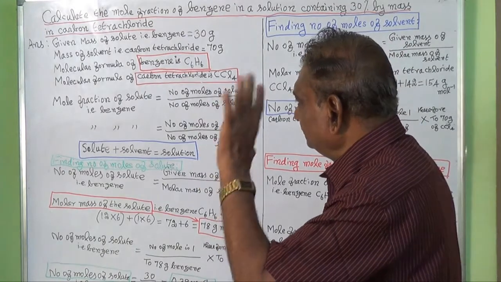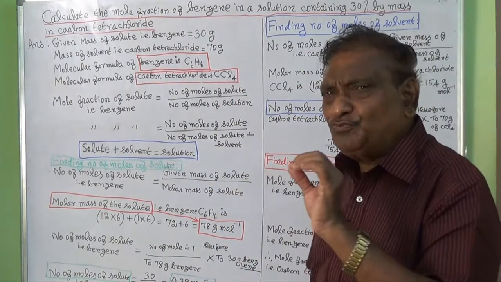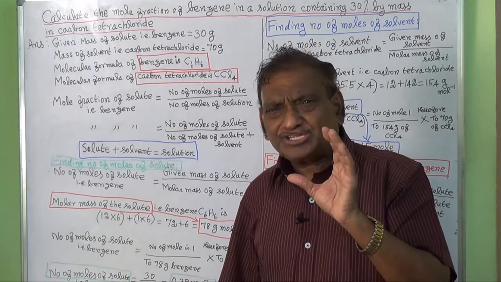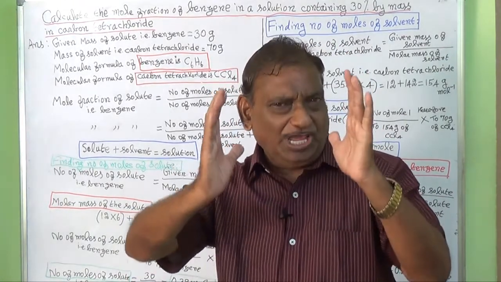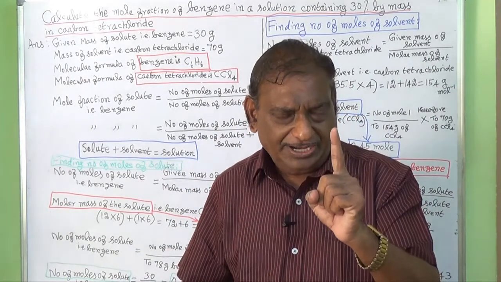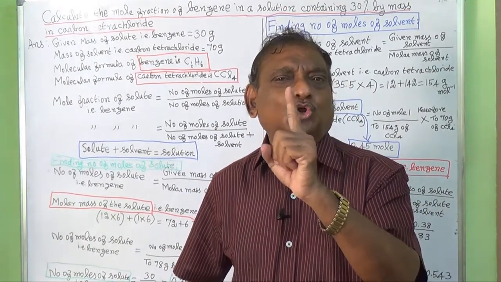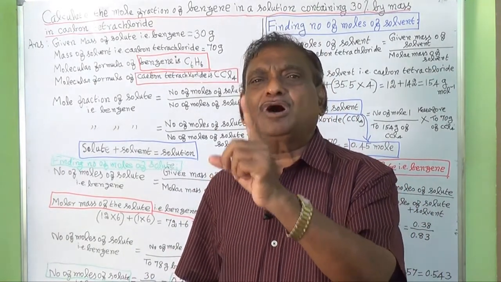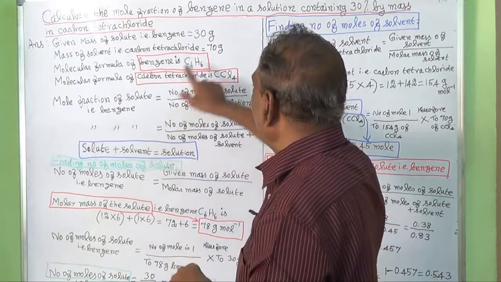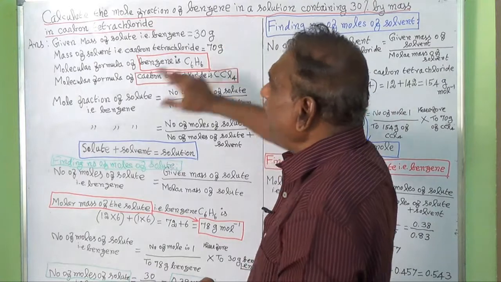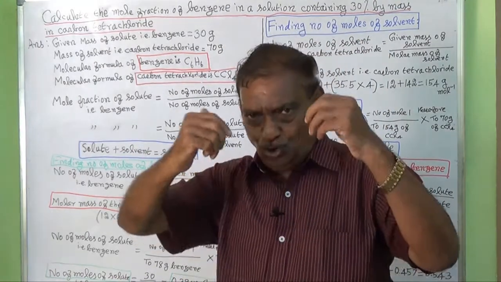So the mass of the benzene is 30 gram and the mass of the carbon tetrachloride, that is solvent, is 70 gram. In order to find the mole fraction of a solute, we need four particulars. One, the mass of the solute. Here the mass of the solute benzene is given as 30 gram. So the first particular is okay.